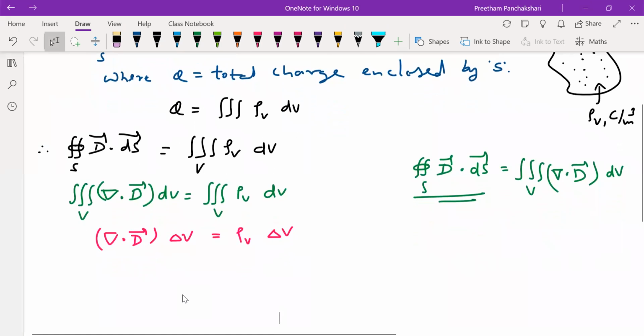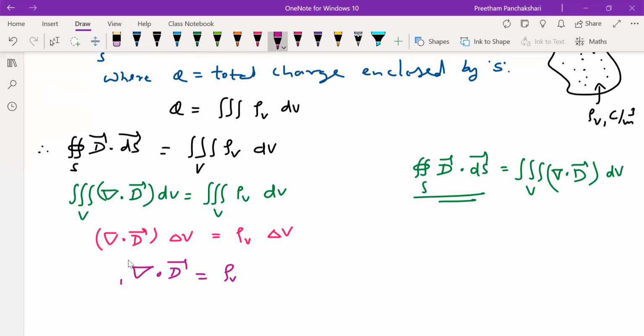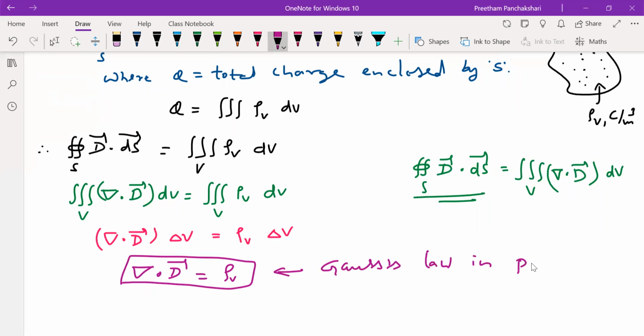This Gauss law is applicable to a single system, so delta V gets cancelled here to give us a very useful relation del dot D equal to rho V. This equation is Gauss law again, but in point form or differential form.